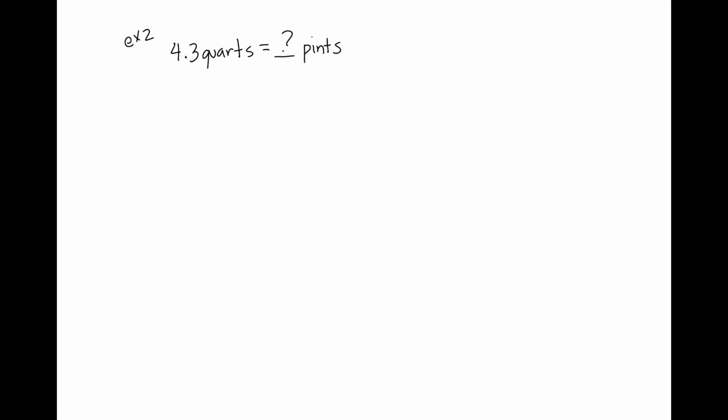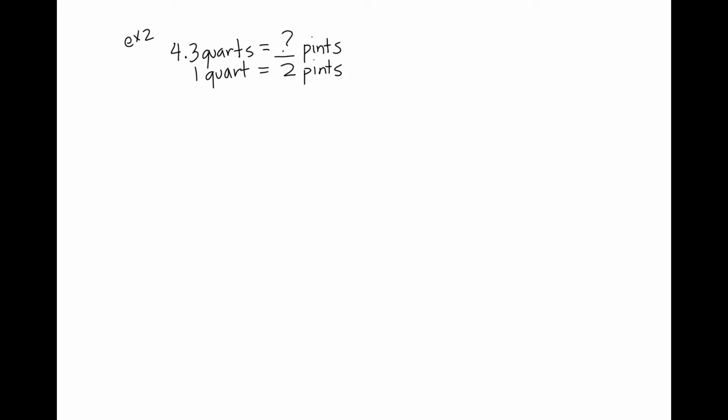So again, you need to pull out your reference sheet, and I want you to look for quarts and pints. I'll give you a second. Our reference sheet tells us that 1 quart is equal to 2 pints. So again, units on top of units. So 1 quart is equal to 2 pints.